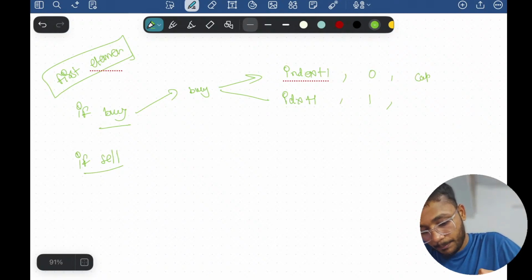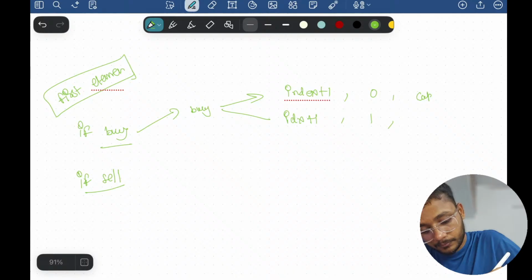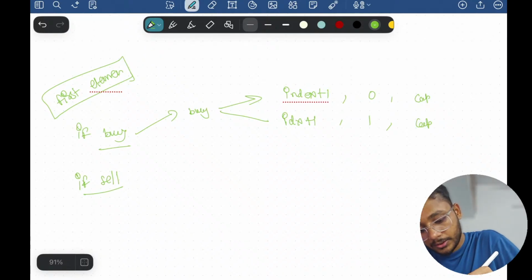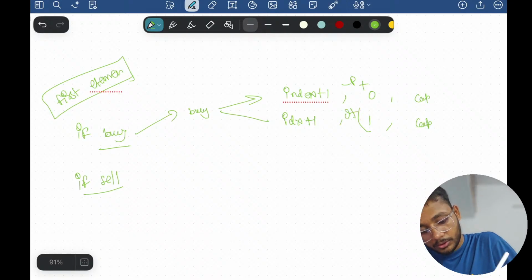For example, if you are taking capacity 2, it will be 2 only. Only thing is, here you will add minus profit, and here you will add 0. This is one thing.